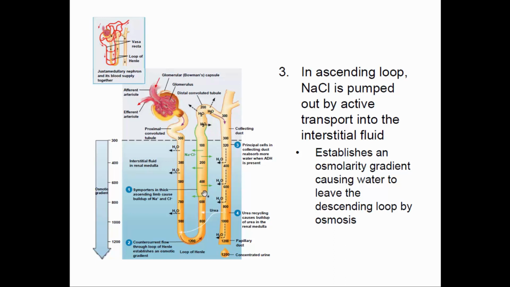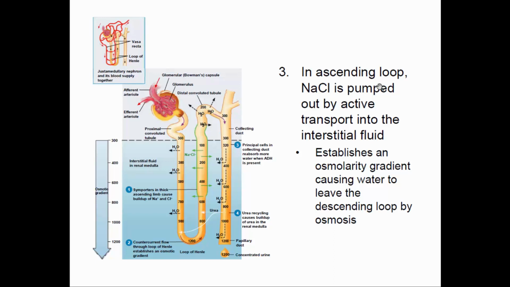So while we have the same amount of fluid as we do here, it's less salty. There's lower amounts of solute in this fluid. So as we're pumping out the salt, now we're diluting down the filtrate. And up here in the distal convoluted tubule, we're already down to 200 milliosmoles per liter.